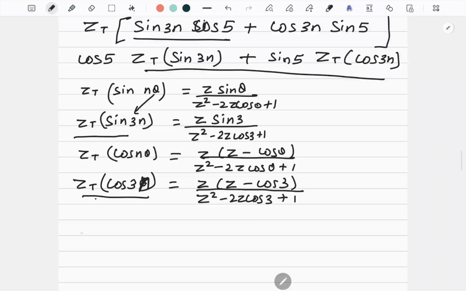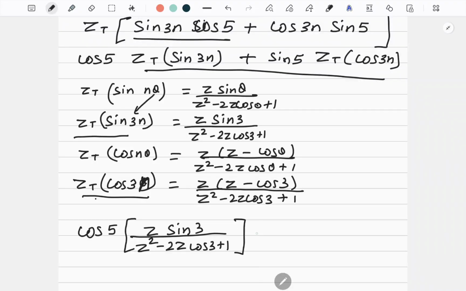Okay, now substitute these two values here. So what you will get? Cos 5, okay, in bracket z sin 3 upon z square minus 2z cos 3 plus 1, then plus sin 5, Z transform of cos 3n is what?